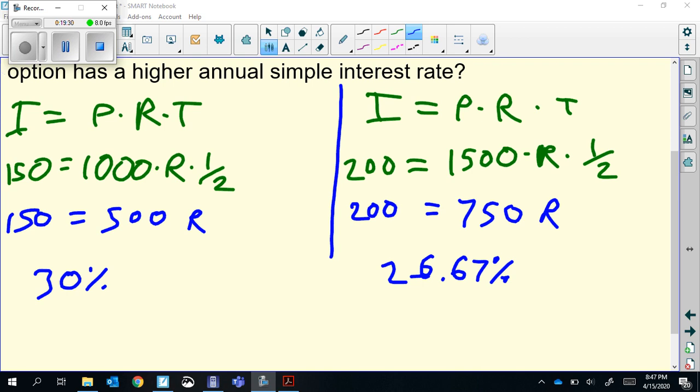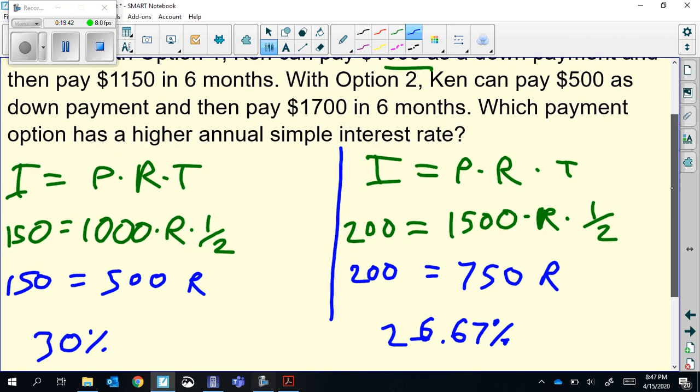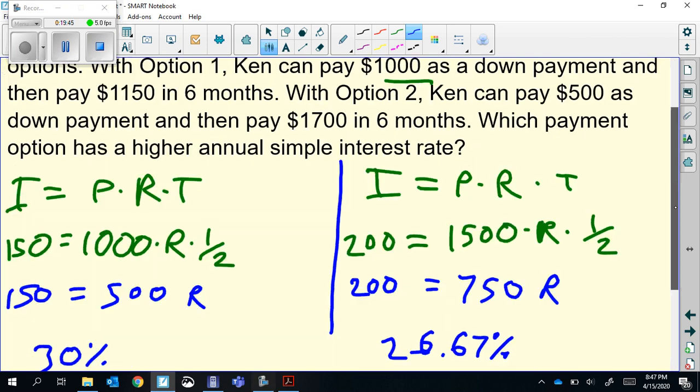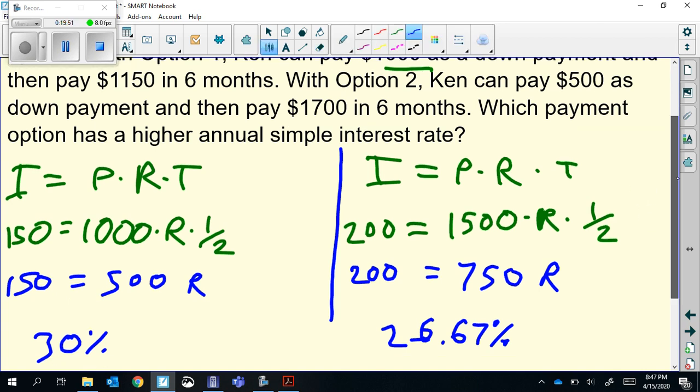So this is kind of a really weird situation where you actually are paying less of a percentage by borrowing more money, which doesn't usually happen that way, but in this particular situation with the bike shop. Now, bike shops aren't typically banks, so they probably don't follow all those same rules.